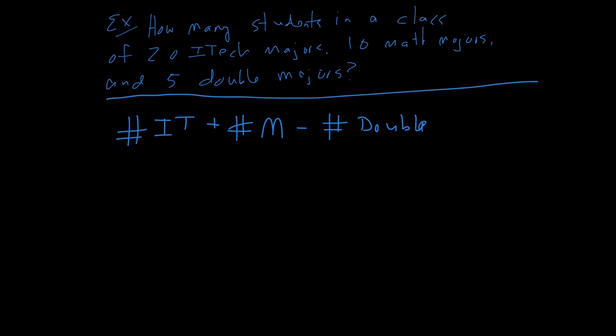Because when I count the iTech, I'm counting the double majors, and when I count the math, I'm counting the double majors. So the doubles have been counted twice, and I've got to subtract them off once. All right, again, this is pretty quick and easy. 20 iTech majors plus 10 math majors minus 5 double majors gives you a total of 25 students in the class.